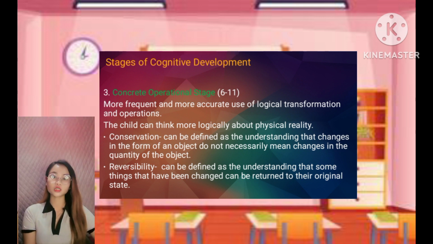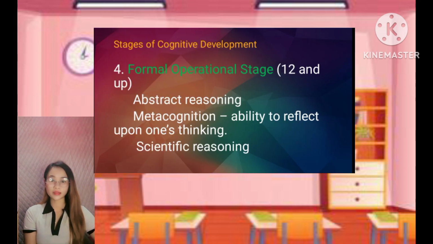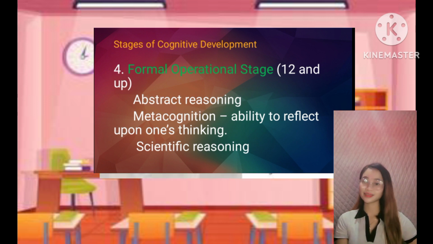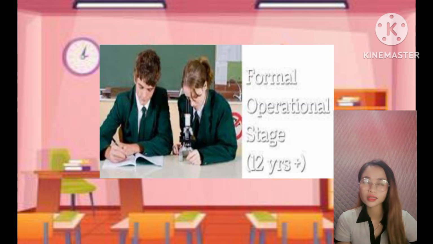The fourth stage is the formal operational stage, at the age of 12 and up. A child has abstract reasoning, metacognition, the ability to reflect upon one's thinking, and scientific reasoning. At this stage, a child can form a hypothesis and analyze or examine the results.